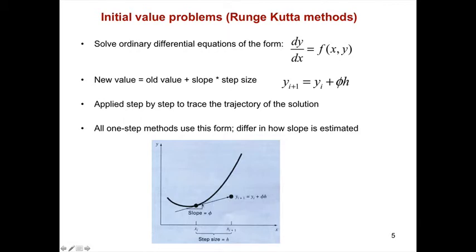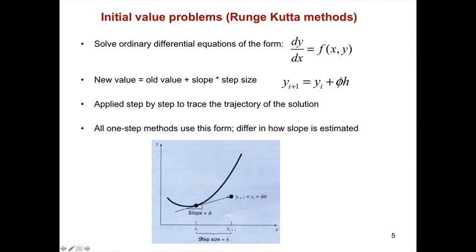So the slope of this is the derivative of the function at this point, correct? Do we agree? Okay. So basically my simplest approximation would be to say, okay, well, my new value is the value yi, which is this height, plus slope times h, this is h, and this slope is actually given as dy dx, correct? Evaluated at this point.